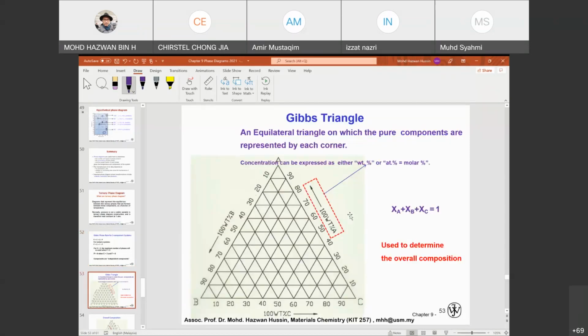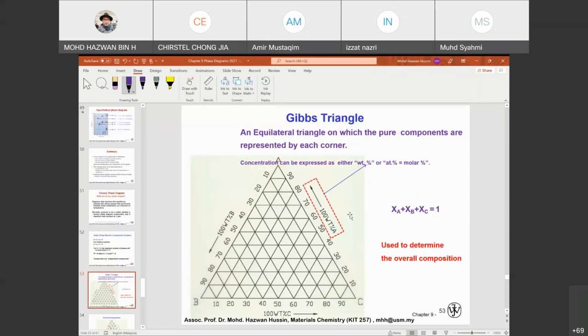And a ternary phase diagram is not similar to what you have seen in the first few examples of binary phase diagrams: binary eutectic, binary eutectoid, and so on. For a ternary phase diagram, the diagram actually exists as a triangle. It has a triangular shape.